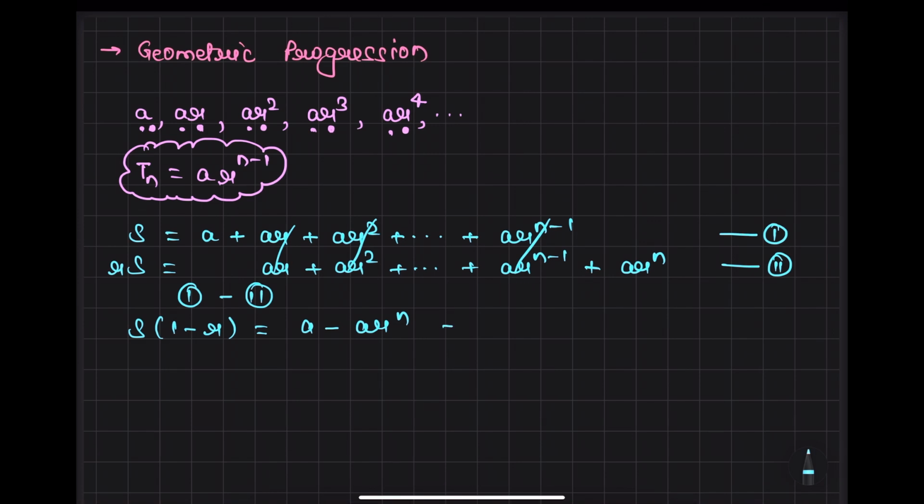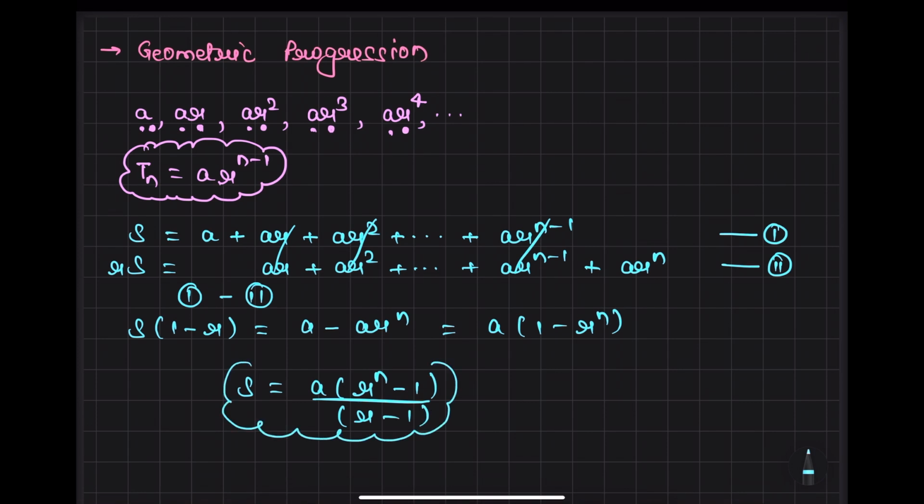You can also take a common, and we will be left with a times 1 minus r to the power n. Now I can write s as a, taking minus 1 common from the numerator and denominator, so a times r to the power n minus 1 by r minus 1. So this is your sum of n terms.